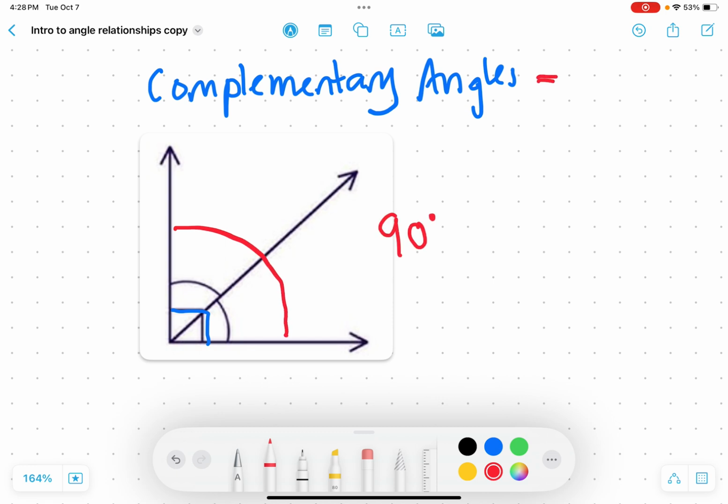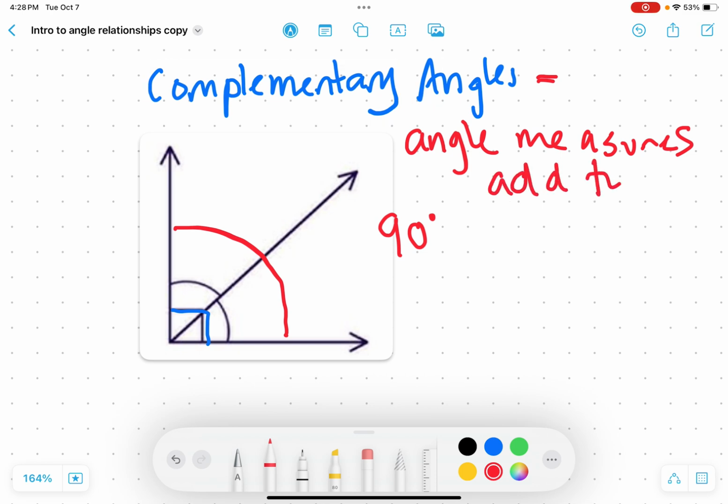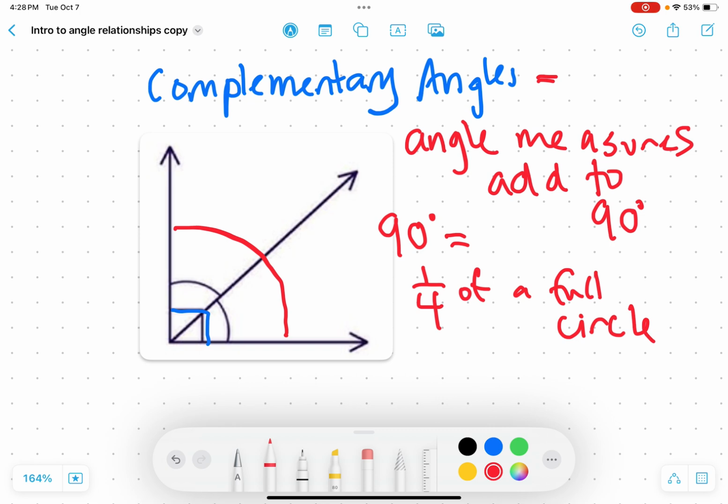So the thing you need to know about complementary angles is the angle measures add to 90, which, it's important to remember, is 1/4 of a full circle. Okay, so that's one key word. One key relationship is complementary angles.